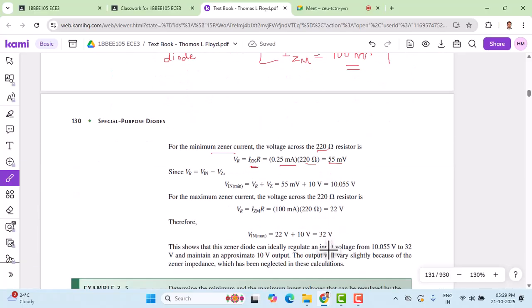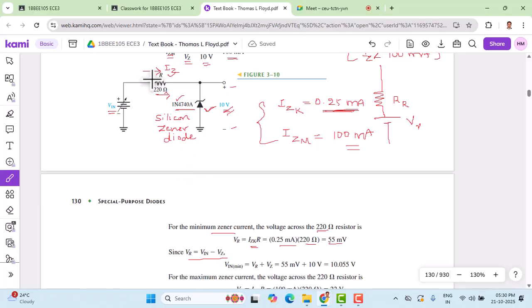Now let us see the corresponding change in the voltage. This is the equation that relates the voltage across the resistor. Across this the voltage is VR, and across this the voltage is VZ. You can apply KVL for this. Starting from the ground, I go around the loop through the resistance and across the Zener diode, where the voltage is VZ.